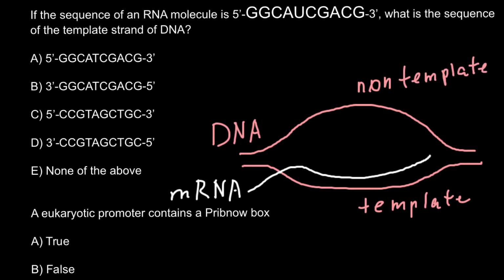But the problem is that in many textbooks you may find different names for these two strands of the DNA. For example, the strand here on the top would have the same sequence as the messenger RNA. That's why this strand of the DNA is also called the coding strand.